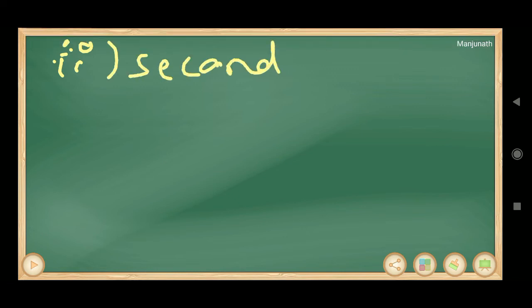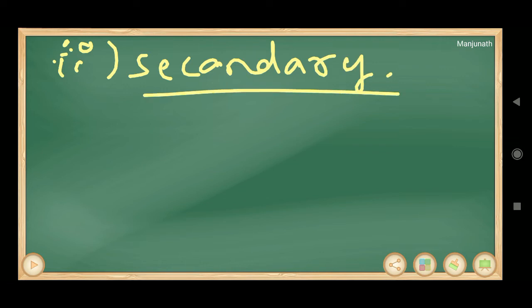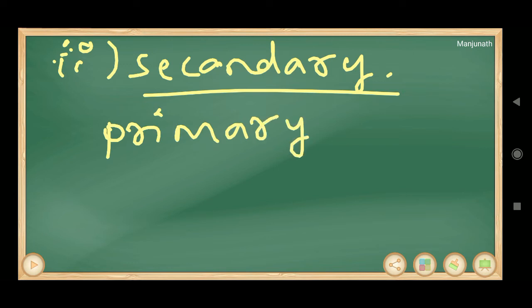Now let's know what the secondary sources of information are. In the secondary sources of information, the information present is from primary sources or copied from primary sources. So primary sources lead to the secondary sources of information.